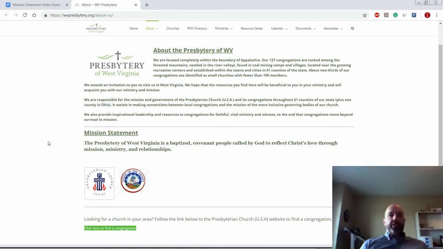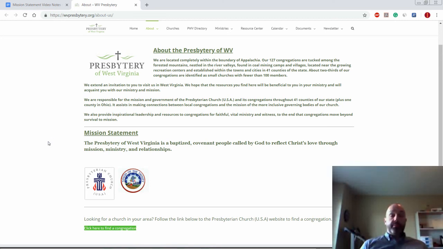I think ministry and relationships is pretty straightforward in that most people would agree what that means, but it strikes me as a bit odd, I'm sure they have their reasons, that they would reference their mission in the mission statement. To say that they want to reflect Christ's love through their mission, but this is their mission.